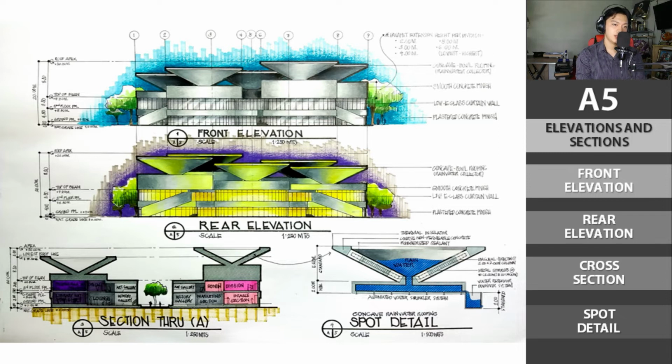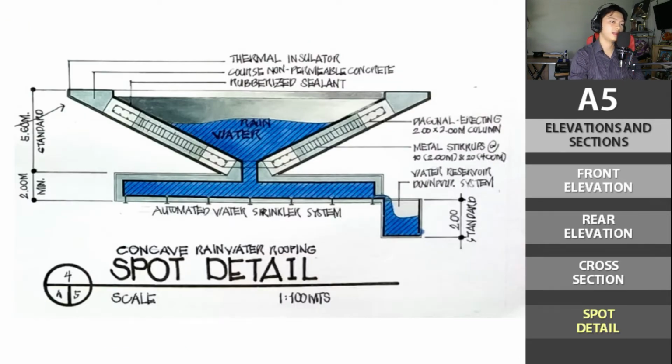Aside from the solar roofing, which is also considered a building method, I want to highlight my spot detail that I customly made. I actually did it myself. This green method is a rainwater collector, which is the concave rainwater roofing.